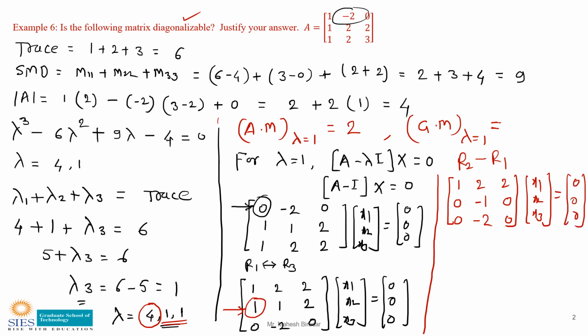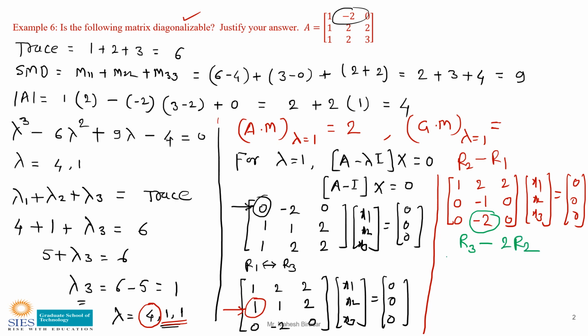One more step is required. Now we have to reduce this element to 0. This is in R3. So R3 minus 2 times R2.